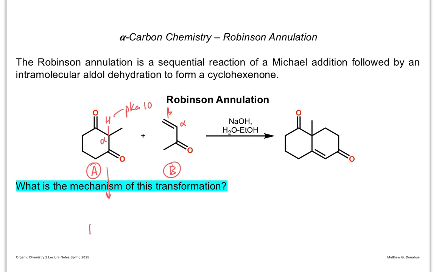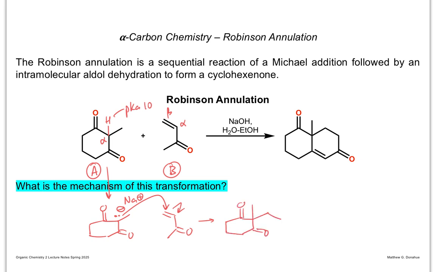So if we deprotonate that acidic hydrogen, we would get that sodium enolate. That can do a Michael addition. So I put 2 arrows there because the resultant enolate gets protonated.